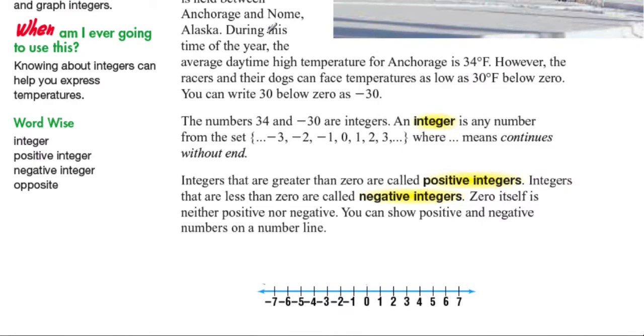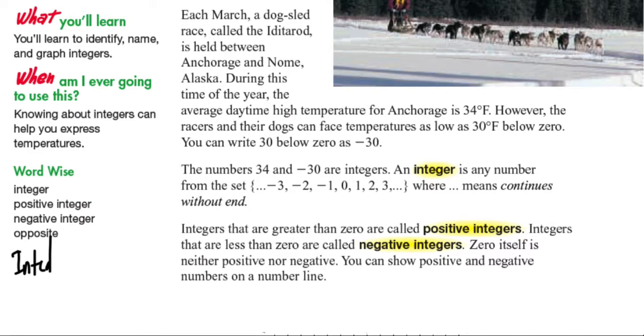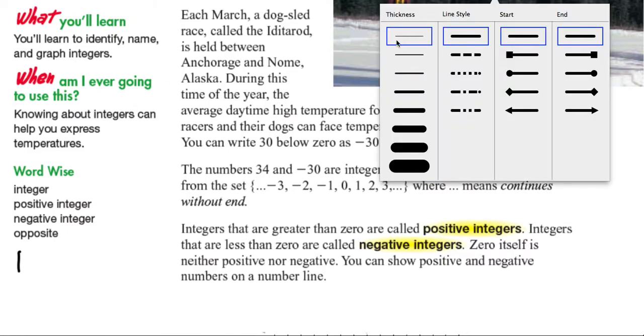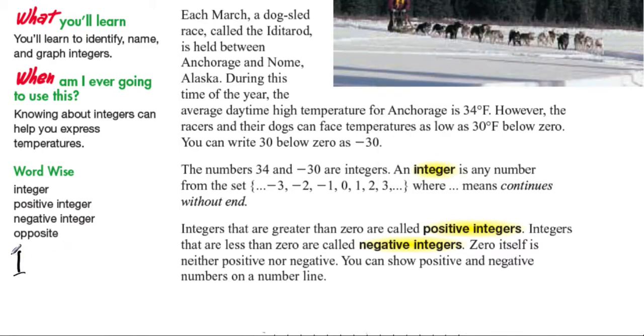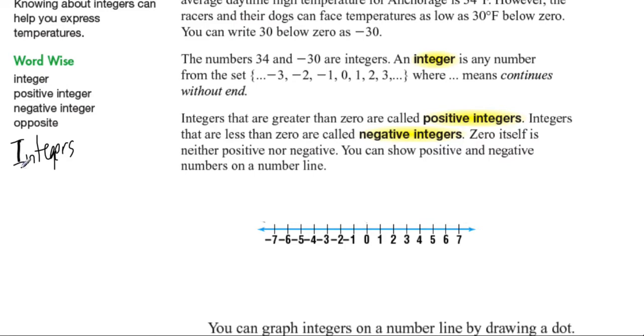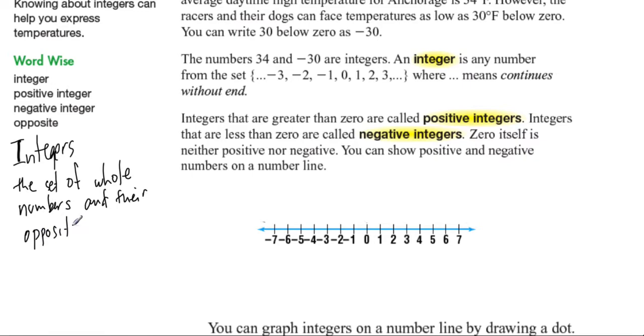So when you say the set of integers, the set of integers is a set of whole numbers and their opposites, including 0.